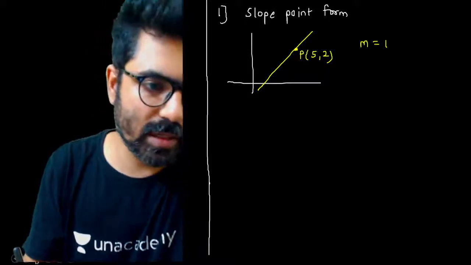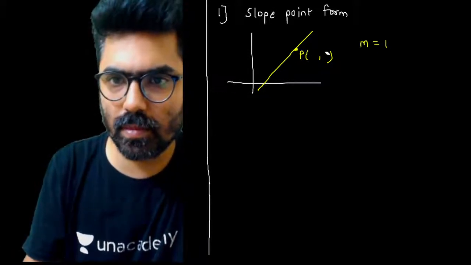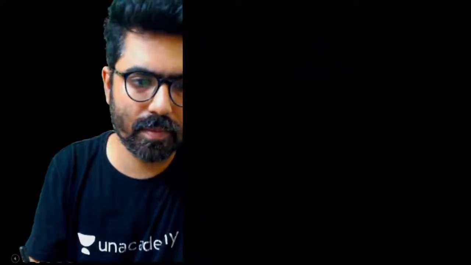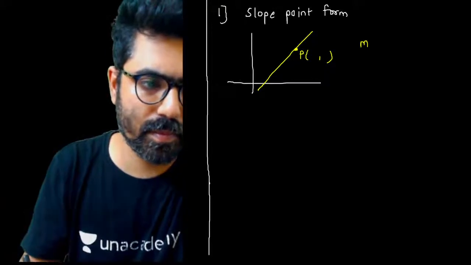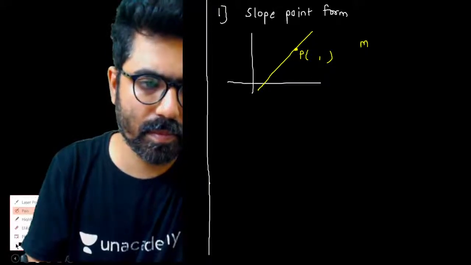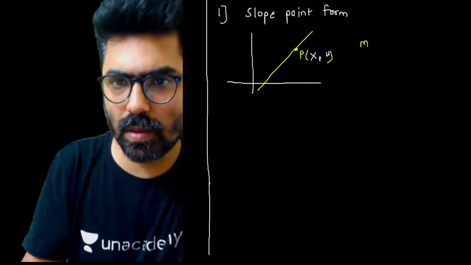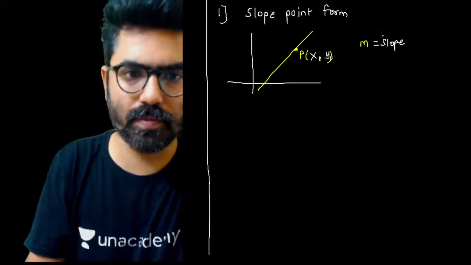We'll make this generalized. Instead of writing 5, 2, we'll write x1, y1, and the slope we'll take as m.